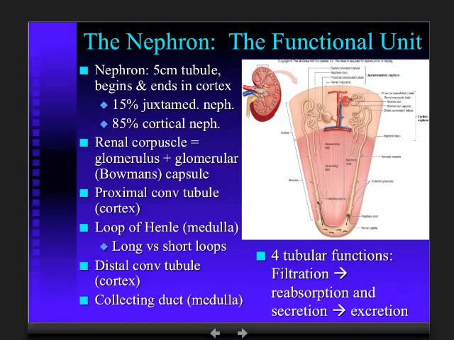Good? If I filter plasma that contains cellular wastes across the capillaries and into Bowman's capsule, and I leave it in the tubule, and what moves the filtrate through the tubule? What keeps the filtrate moving through the tubule and ultimately contributes to a continuous production of urine? Blood pressure.